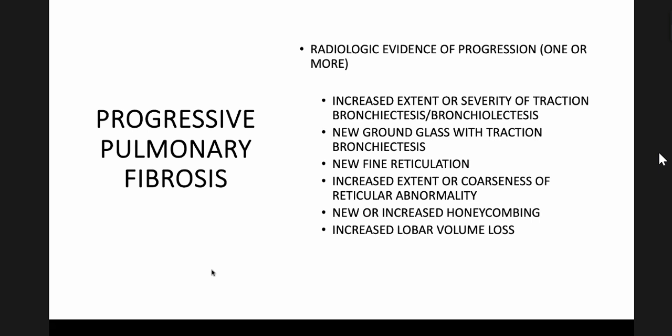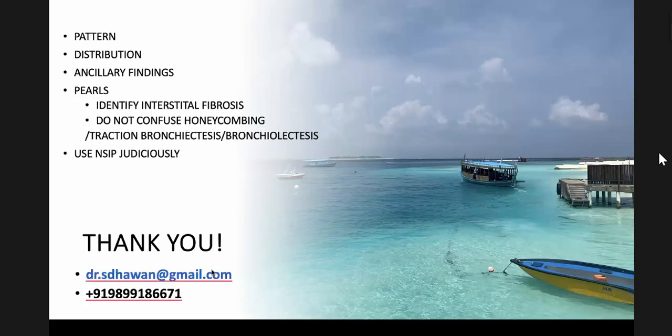So basically, progression in any dimension, you have to call it progressive pulmonary fibrosis. Let the clinician know that despite whatever he is doing, the disease is progressing, and that should be kept in mind.